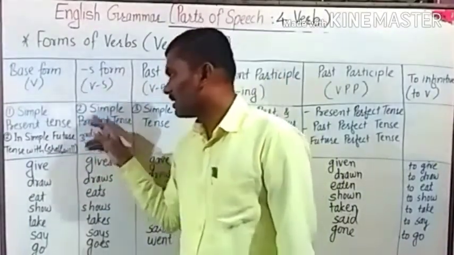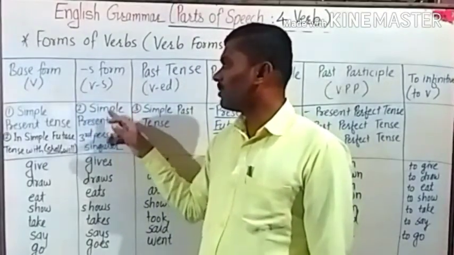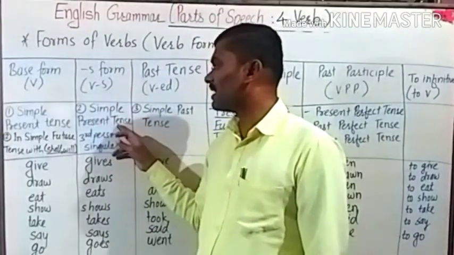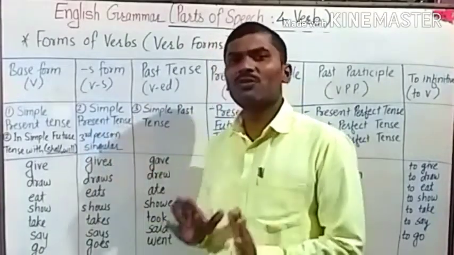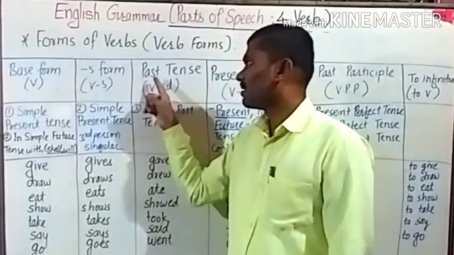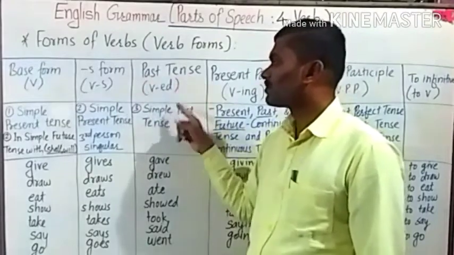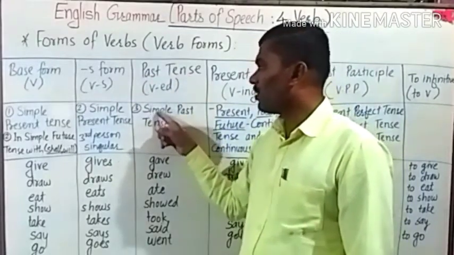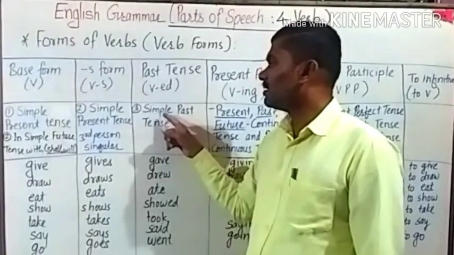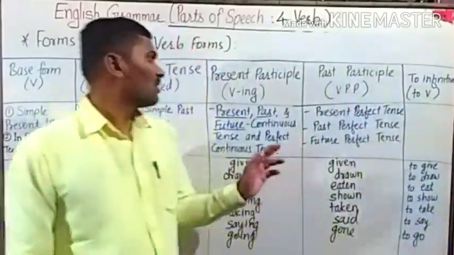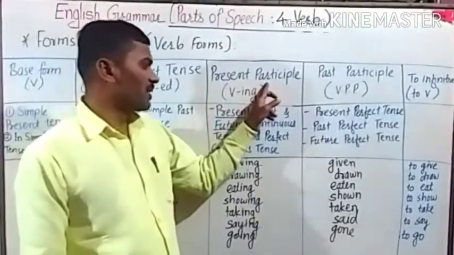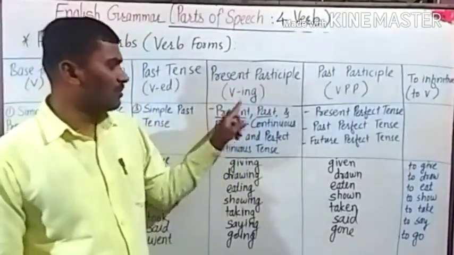S form. This form is used in simple present tense when the subject is a third person singular noun or pronoun. Past tense. This form is used only in simple past tense. Present participle, V-ing form.